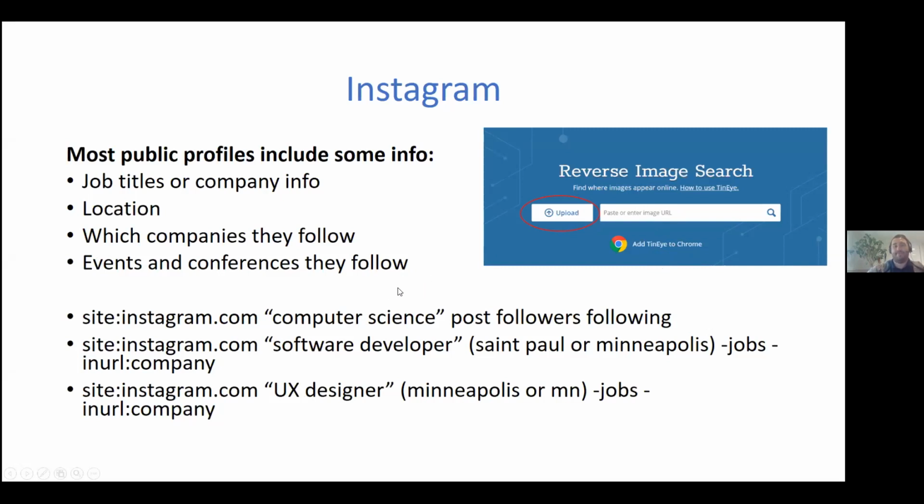A lot of people might not have a LinkedIn picture, they might not be that active, but then you could go to other places like Pinterest or Instagram, find pictures and profiles, and a lot of people put their titles, their company, their location in Instagram, and most of the time it is public as well. So it's a good suggestion too.